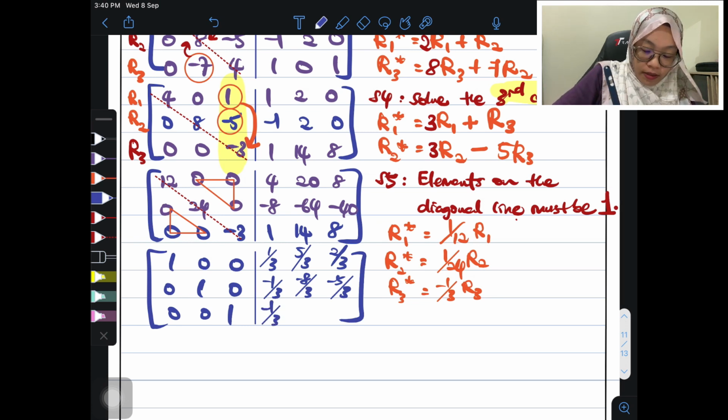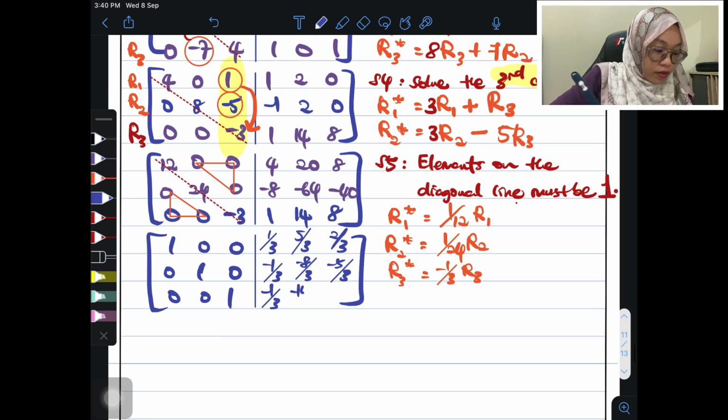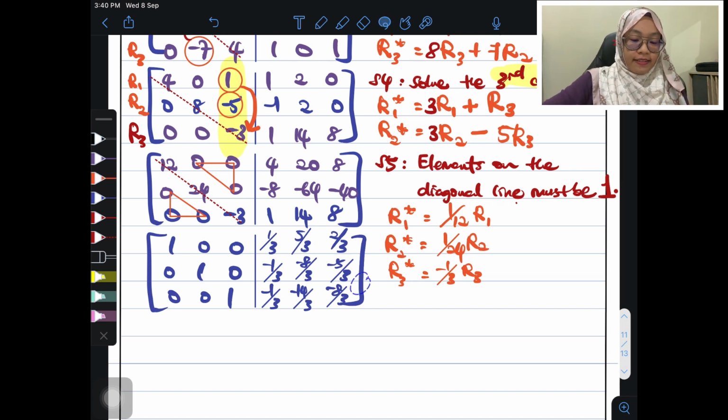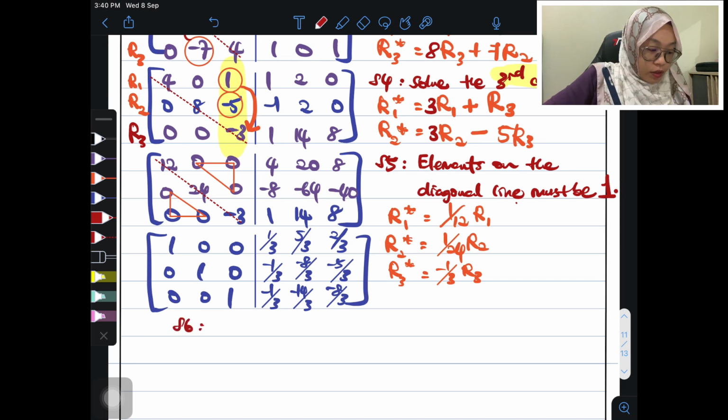Here you will get negative 1 over 3, negative 14 over 3 and negative 8 over 3. Voila. Happy?